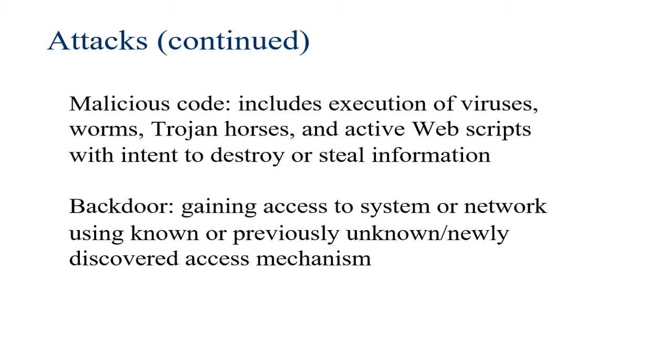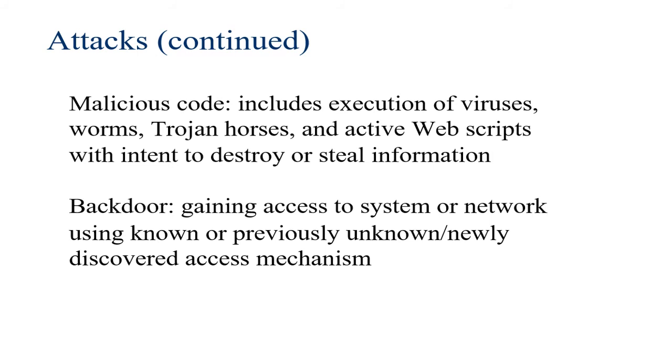On attacks with what we call malicious code. Malicious code includes execution of viruses, execution of worms, Trojan horses, and active web scripts with intent to destroy or steal information. As an attack, one might use what we call a backdoor.